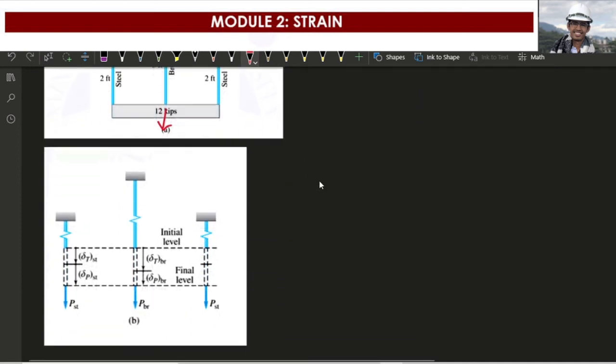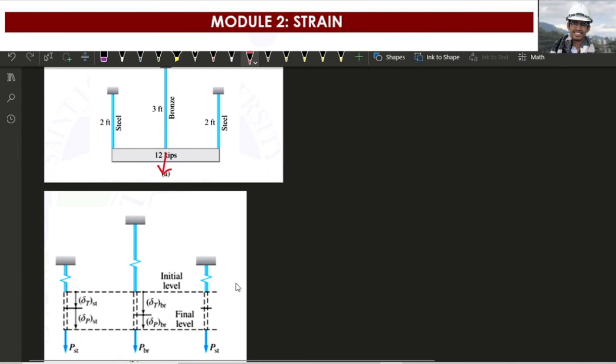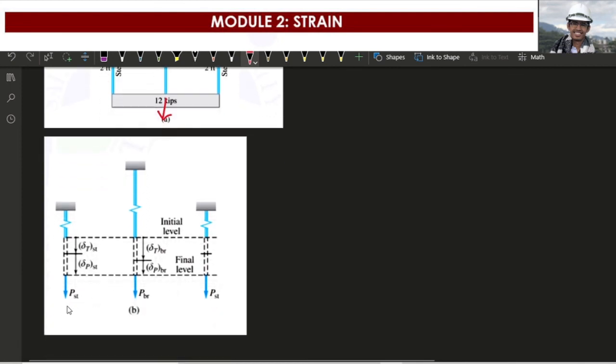Okay? So ito yung magiging free body diagram natin. Due to the load na ating 12 kips, magkakaroon tayo ng deformation due to the force ng steel, and deformation due to the temperature ng steel. And ganoon din for the bronze.